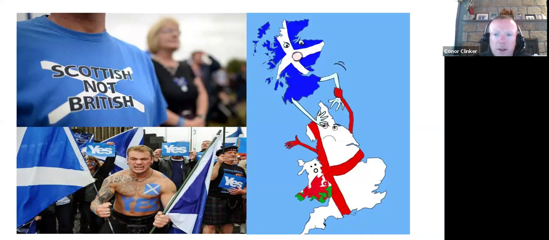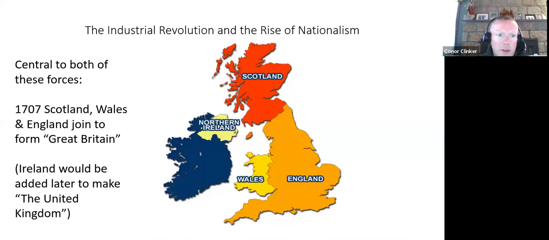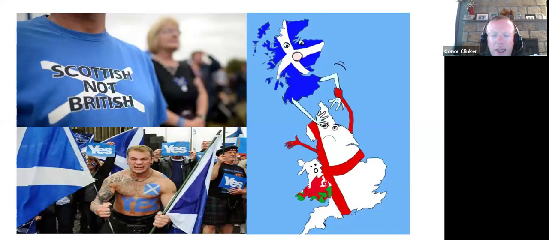So this vote failed. Scotland remains part of the United Kingdom for now, but you can see that we go back to 1707. So even 300 years later, a significant number of people in Scotland were still thinking about separating because they considered their Scottish identity to be more important than their British identity. And so you see that throughout different parts of the world.